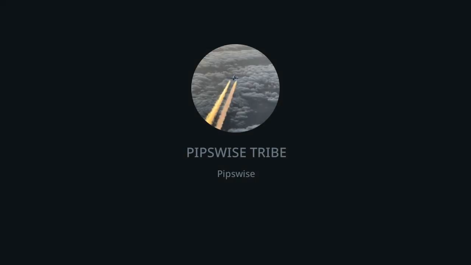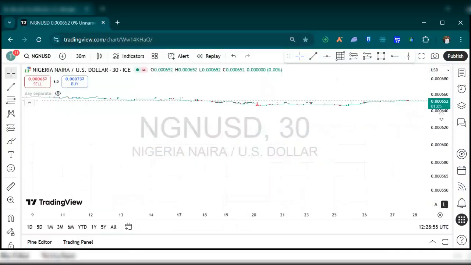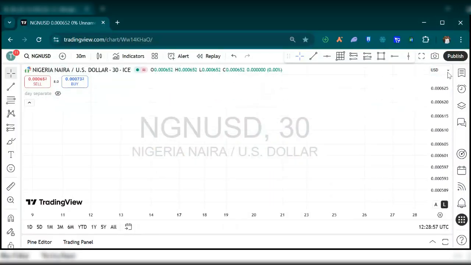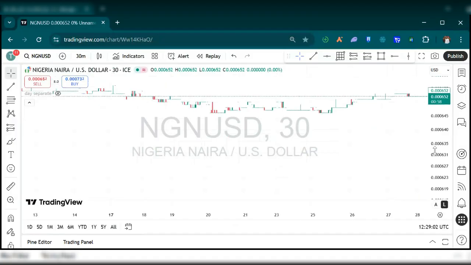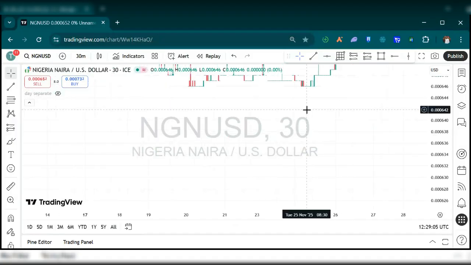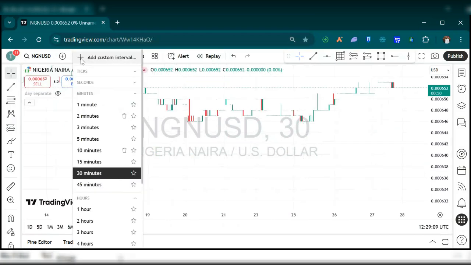The thing about it is, if you go on a lower time frame, it doesn't look informative for those of us using candles, so I don't use this. You'll be seeing it like this, which is not really cool. This happens in crypto too, especially with low-volume crypto, and some stocks are also like that.